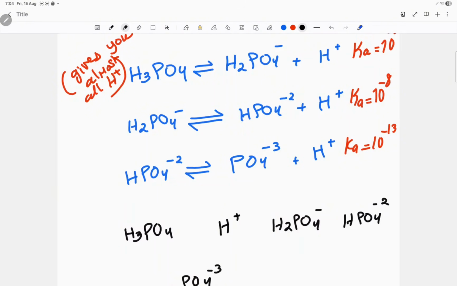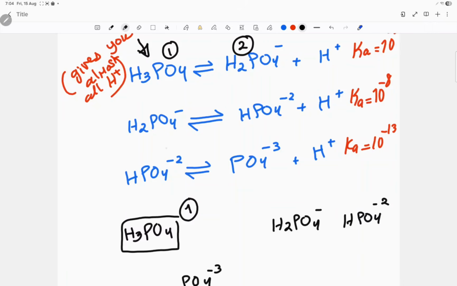The first one. Whatever you start with will have the highest concentration. Leave the H and just focus on the ones with the P: the first, the second, the third, and the fourth. As you go down, their concentrations go down with them because the K is going down. Very good.